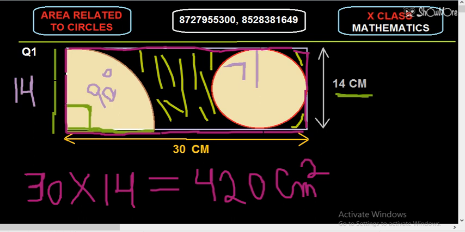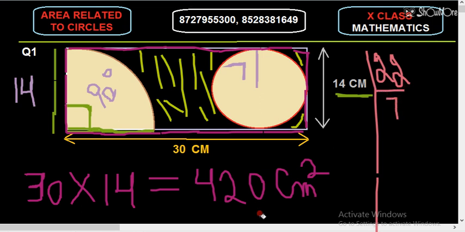Now see the next thing. Next is the area of this 90-degree sector. Area of this 90-degree sector is pi, where the value of pi is 22 by 7.